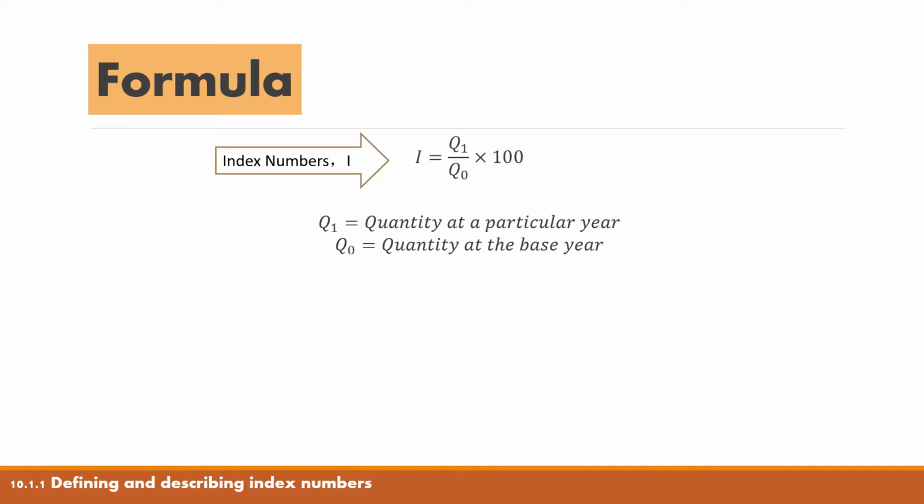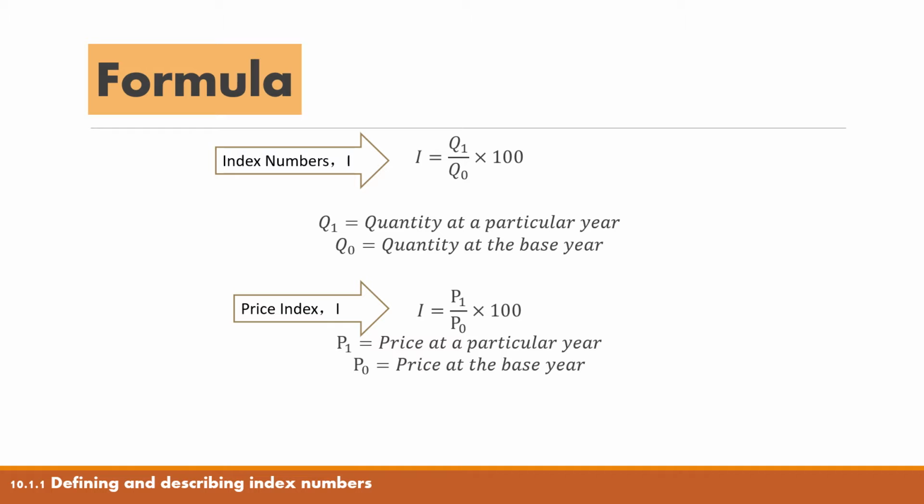At the same time, we have another type of index number called the price index. It comes with the formula I equals P1 over P0 multiplied by 100, where P1 is the price at a particular year and P0 is the price at the base year.